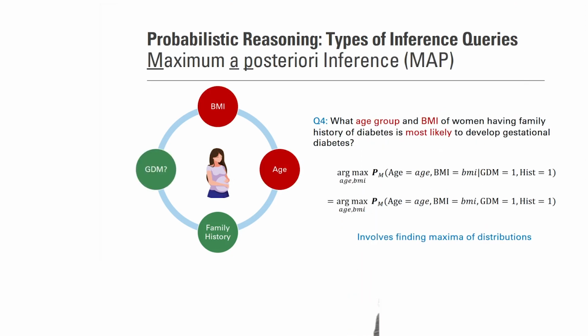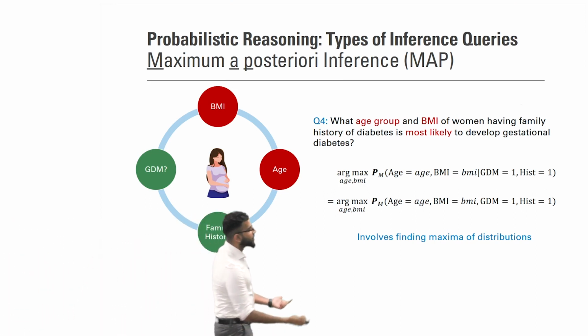You can also think of more complex reasoning tasks. So, for example, I can ask, given this probabilistic model, which age group and BMI values of women having family history of diabetes is most likely to develop gestational diabetes, right? Now, what you're interested in doing is looking at this distribution and looking at values of certain variables that maximize the likelihood of something happening, right?